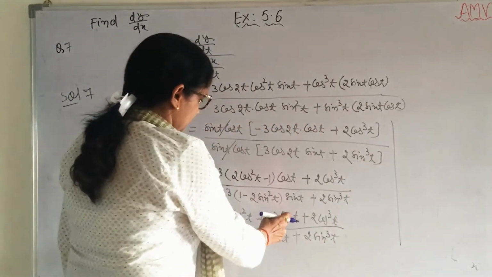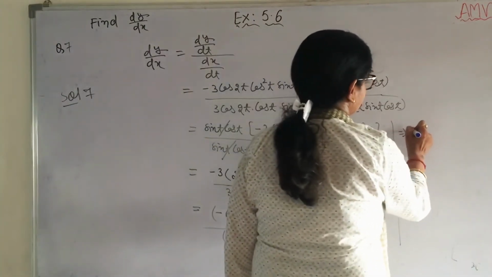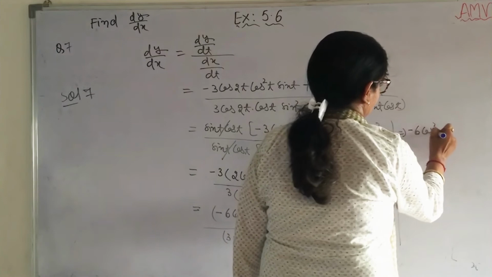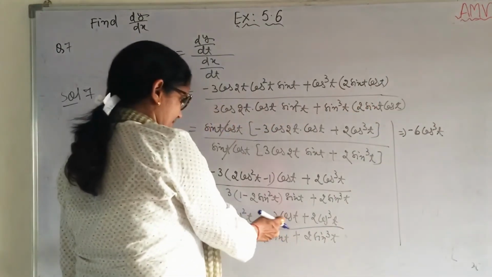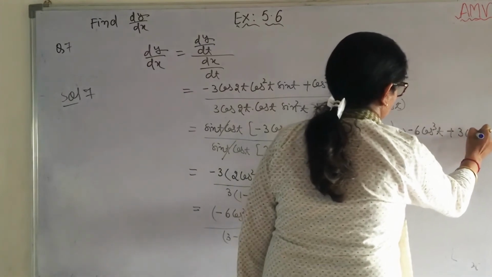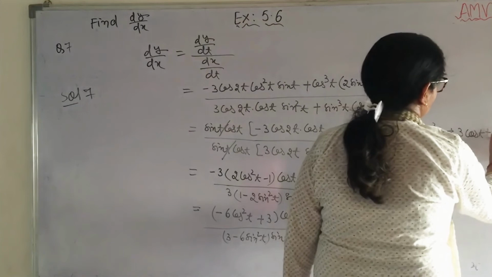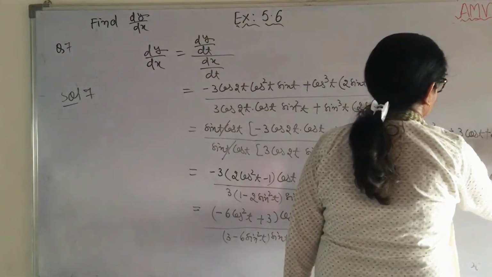And now see, it is minus 6 cos cube t. Okay, and here it is plus 3 cos t and plus 2 cos cube t.